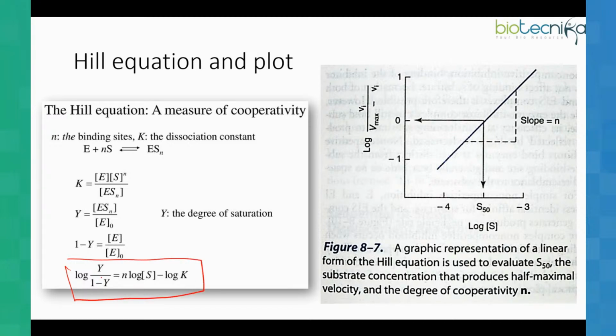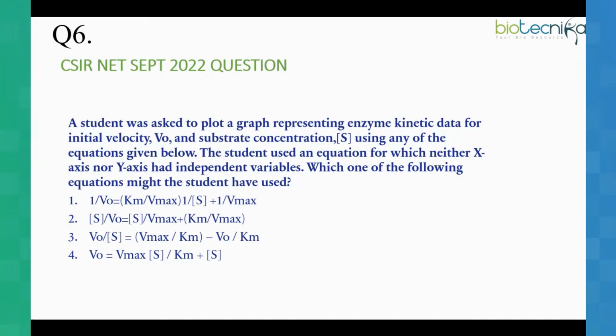The equation I was talking about, log y over 1 minus y, is the Hill equation. As I said, y is the saturation or binding equilibrium. When you have a slope of more than 1, it means the protein or enzyme is cooperative with the substrate.